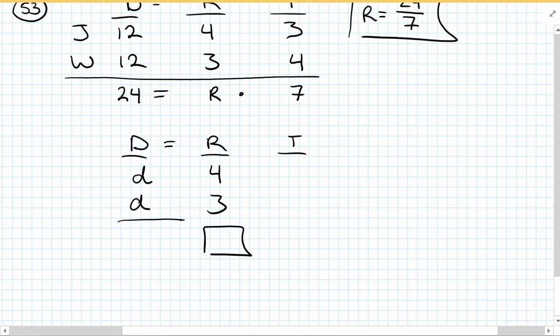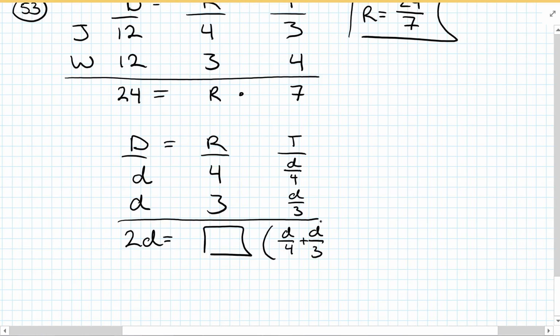Question mark right there, right? So let's find out the time. The time to go this distance was d over 4. And the time to go this distance was d over 3. The total distance we traversed was 2d. So we can say 2d equals the rate times d over 4 plus d over 3.